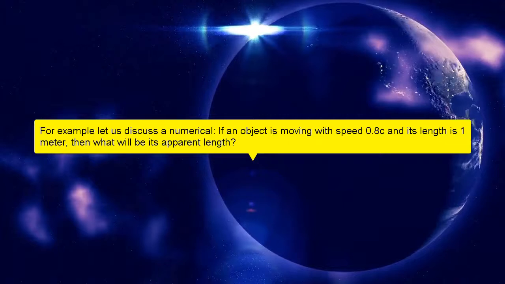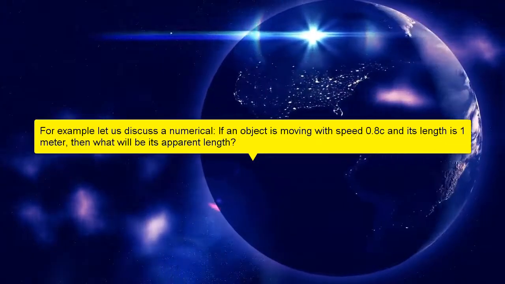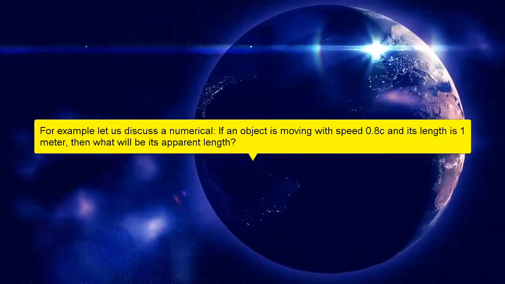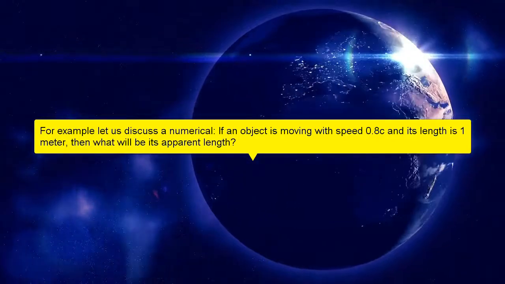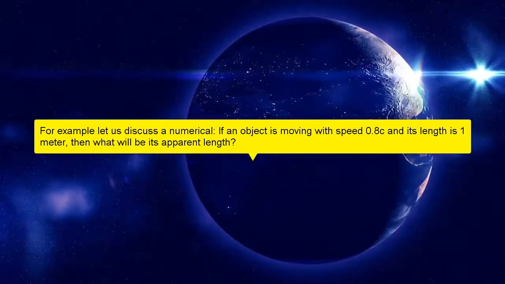Can you guess what will be its apparent length? You just have to put these values into the relation that I have just shared with you: speed 0.8 c and proper length 1 meter. Then what will be its apparent length?